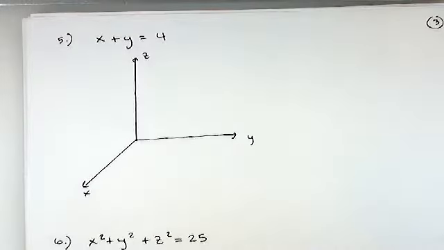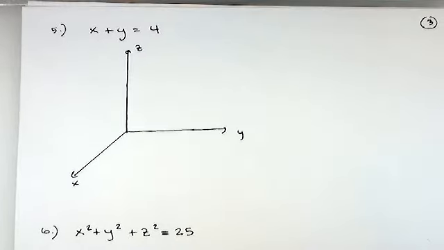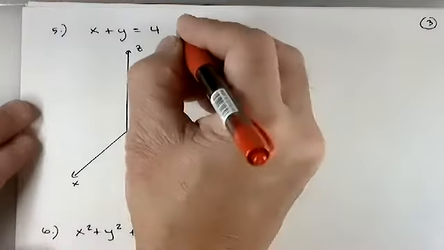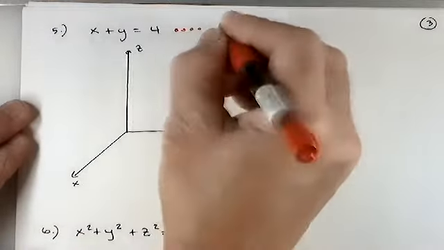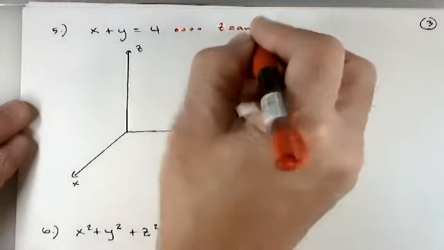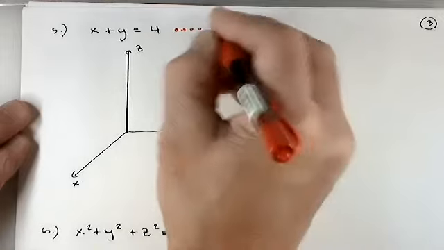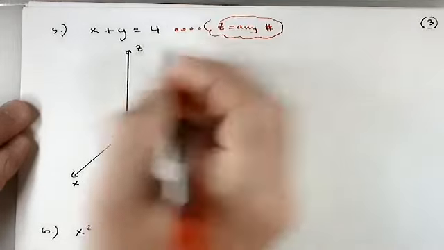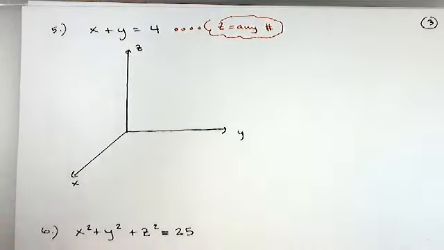So here, my equation x plus y equals 4 looks like a line to me in 2D, but because there's no z in this equation, I want to be thinking to myself that z can be anything, any number. I just have to make sure that x plus y equals 4.